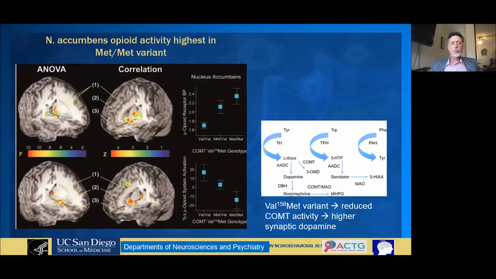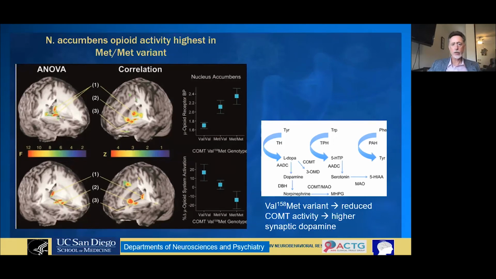This dopaminergic system has been studied in great detail in normal individuals. And what we found is that a genetic variant strongly predicts or associates with pain perception.